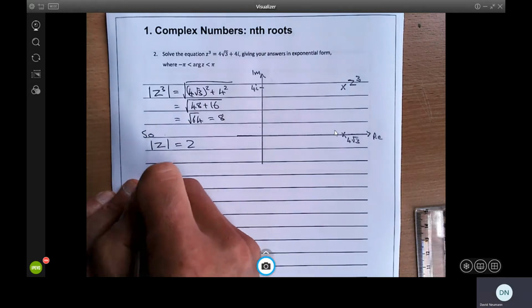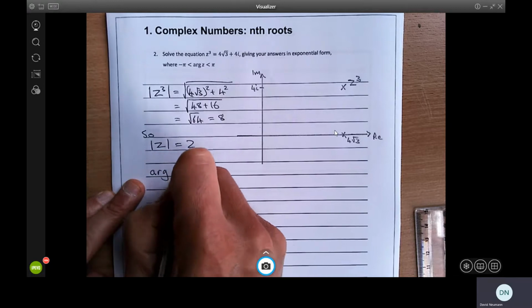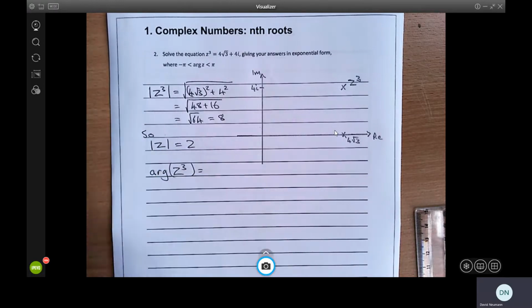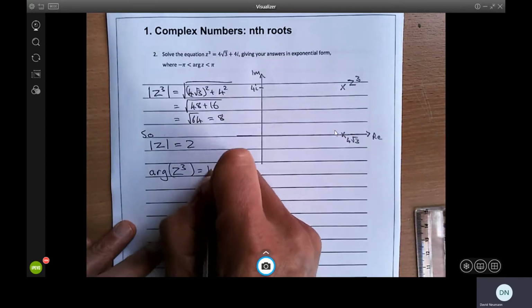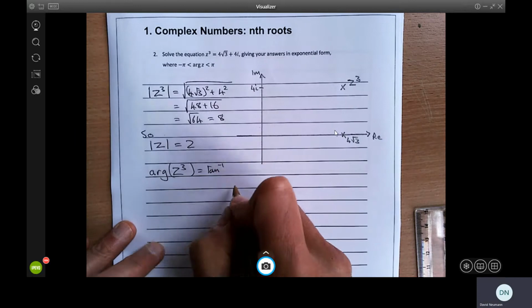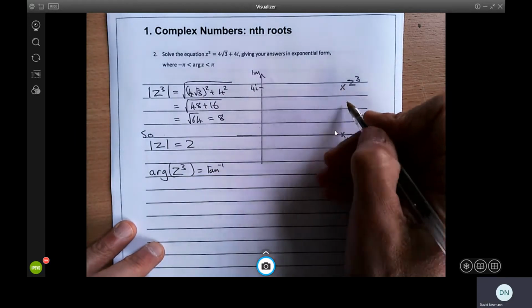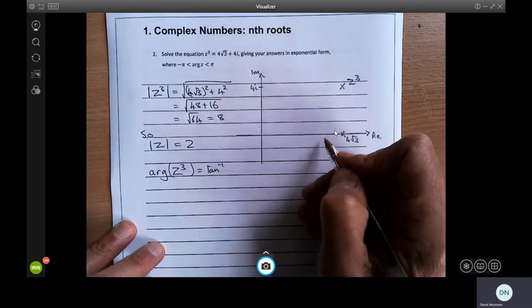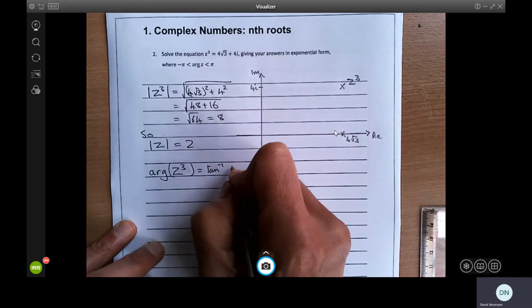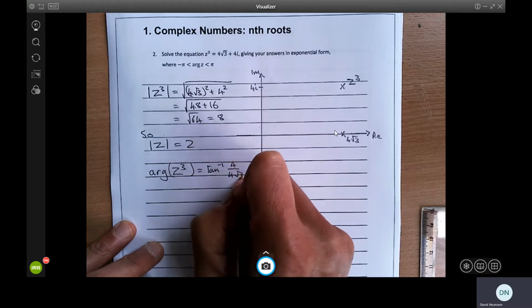We can also look at the argument of z cubed. Arg of z cubed is equal to, well, if we consider the angle here, it's going to be tan to the minus 1 of opposite over adjacent, so 4 over 4 root 3.